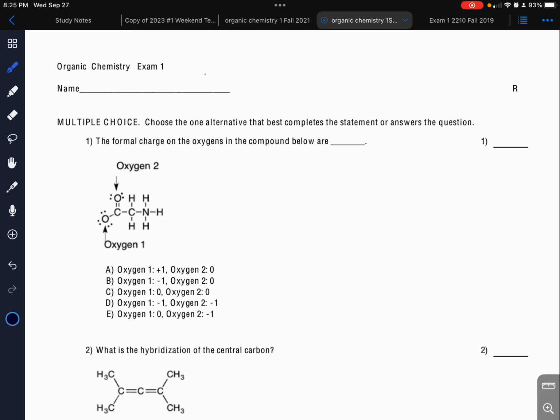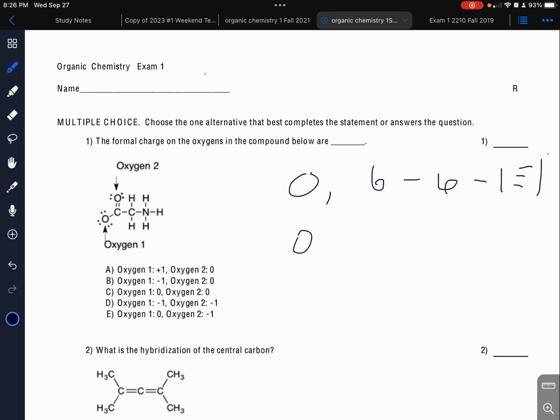All right, so we're going to start with the formal charges on the oxygens, oxygen 1 and oxygen 2. Oxygen 1, so I'm going to call that O1, has 6 valence electrons, 6 lone pair electrons, and 1 bond. So that's going to be -1.